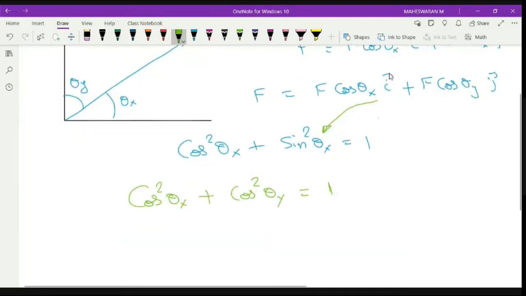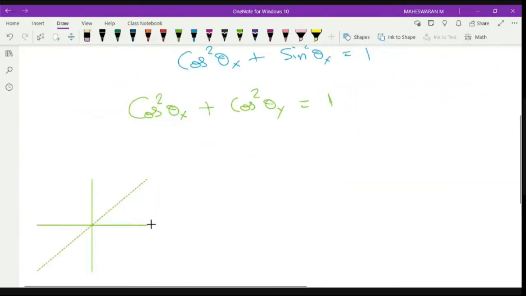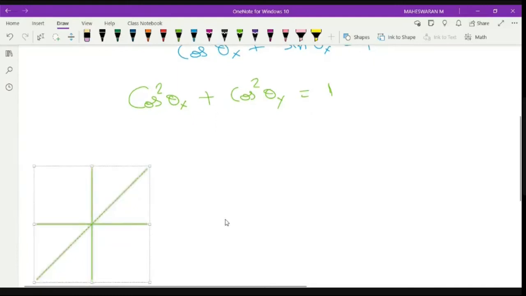Similarly, if you have something in three dimensions, let me consider you have an object inclined in 3D. So one angle is theta x, the other is theta y, and the third is theta z.